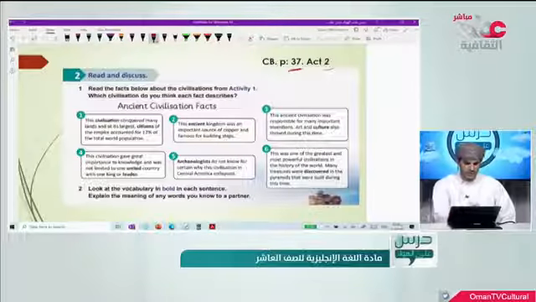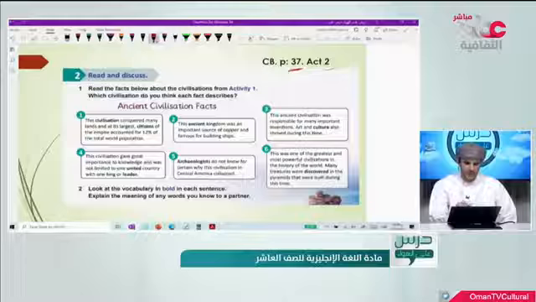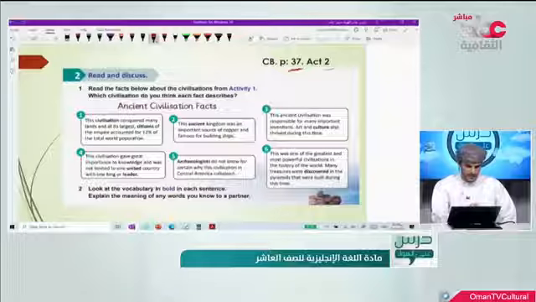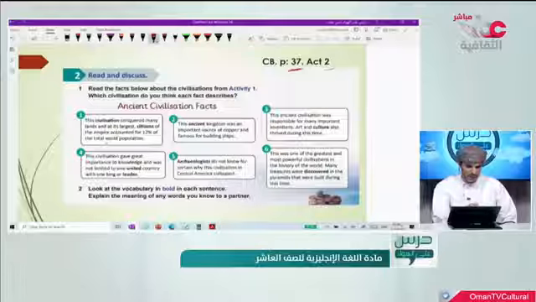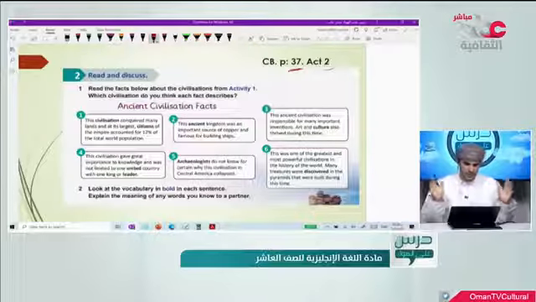So we're going to read these 6 facts about the ancient civilizations and try to figure out the name of the civilization that each fact describes. Let's see. Salim, read number 1. This civilization conquered many lands, and at its largest, citizens of the empire accounted for 12% of the total world population.